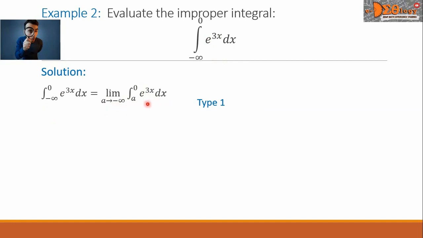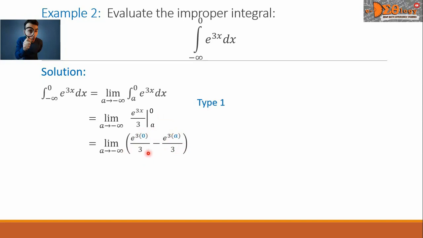The integral of e raised to 3x dx is simply e raised to 3x over 3, and this will be evaluated with the limits from a to 0. So we will have now e raised to 3 times 0 all over 3 minus e raised to 3 times a over 3.